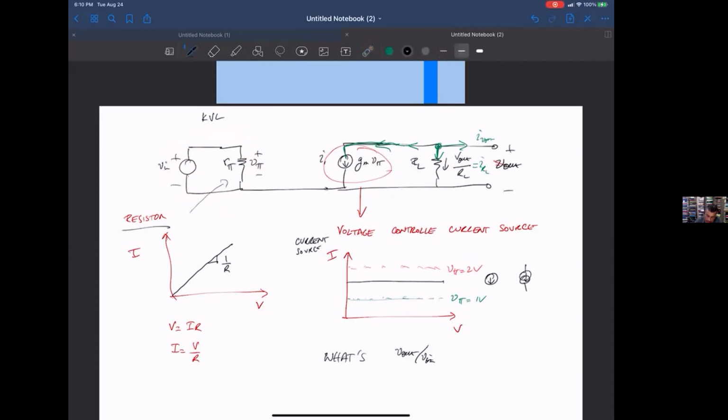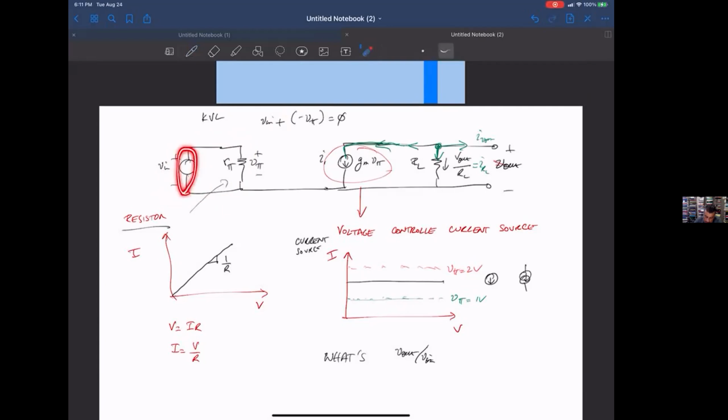Okay, so basically Vn, and if I'm starting here, this is minus plus, right? Then I'm seeing plus minus, so Vn minus, let's say plus minus v sub pi is equal to 0.